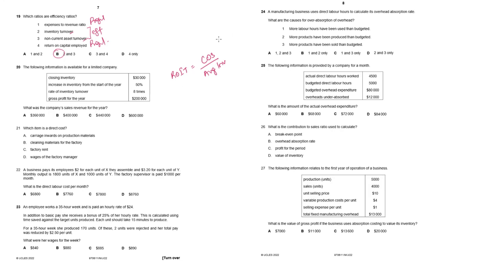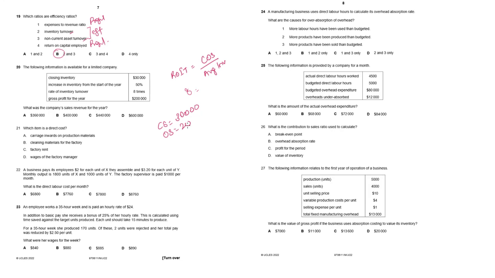Let's see, can we somehow get either the cost of sales or the average inventory? If yes, we get the other missing number, because we already have 8 times on the left hand side. Average inventory can be calculated. Why? Because closing inventory is given and it says the increase in inventory from the start of the year is 50%. So if closing stock is 30,000 and closing stock is 50% more than the opening stock, how much would be the opening stock?